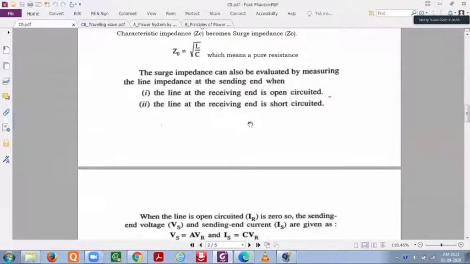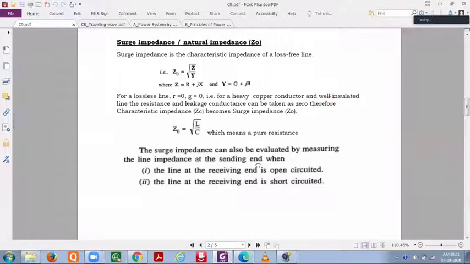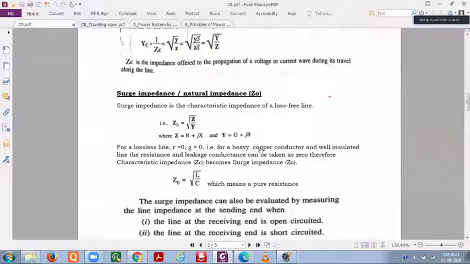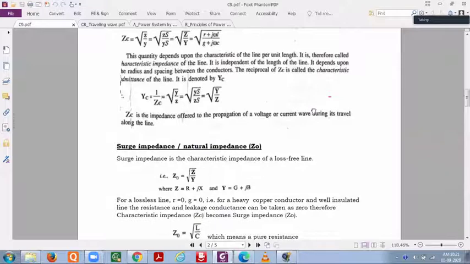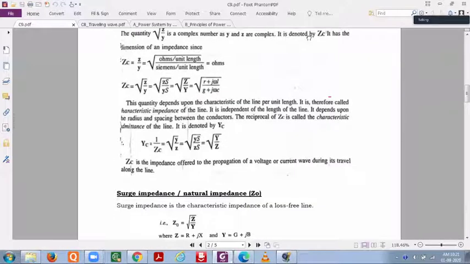What will be your answer? Same, because it is independent of line length. Sai, is that clear? Sai Kumar. Yes, sir. Right? So shall we move on?